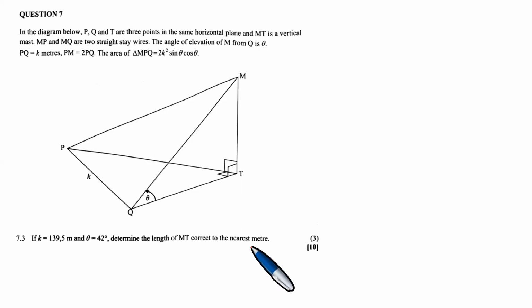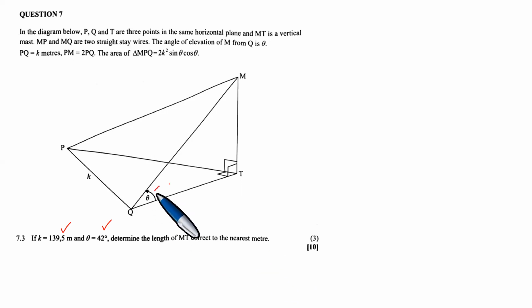They went on to ask the students for a further 3 marks from the same province. They said if k is this and theta is this, determine the length of MT correct to the nearest meter.